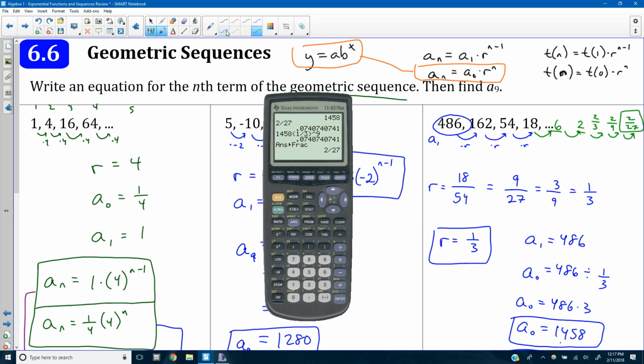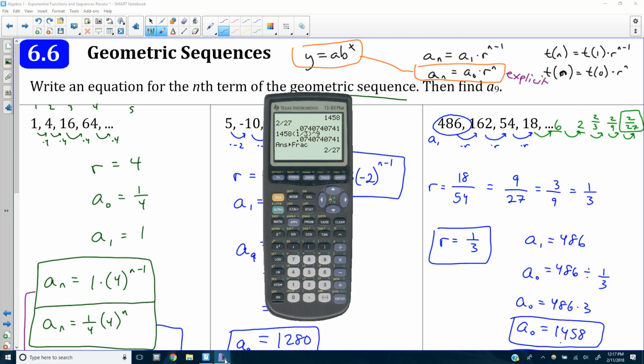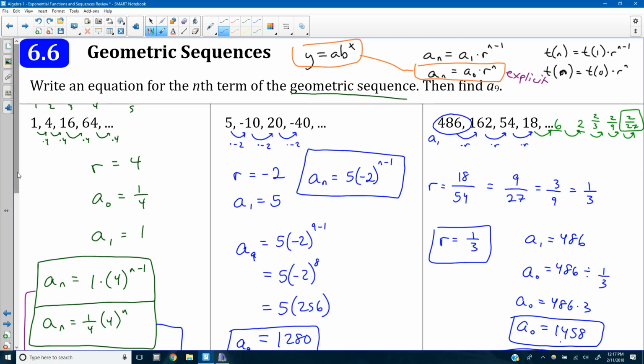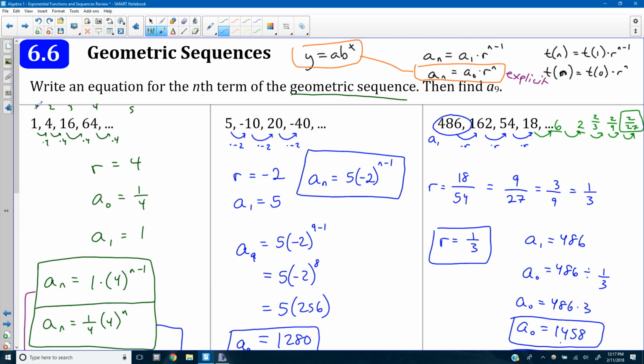So last thing I just want to mention for these geometric sequences, when we found the equation for the nth term, these are called explicit equations. What explicit equations are doing is using the term position to find your value. I literally use the number up here, 1, 2, 3, 4, 5, or the 9, the 9th term.